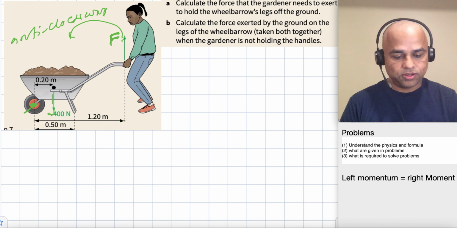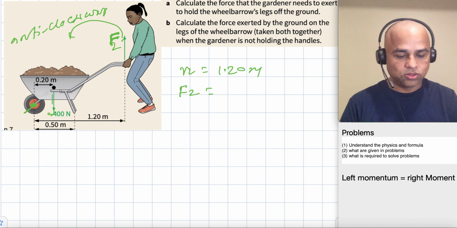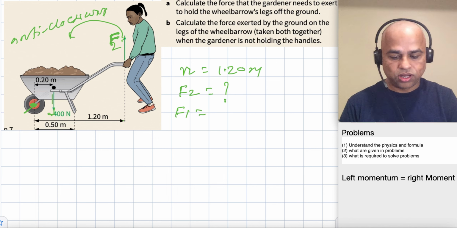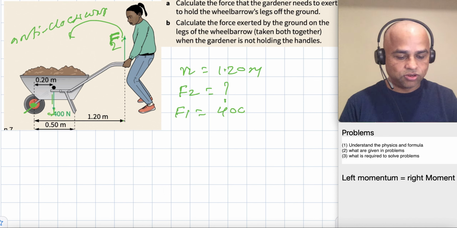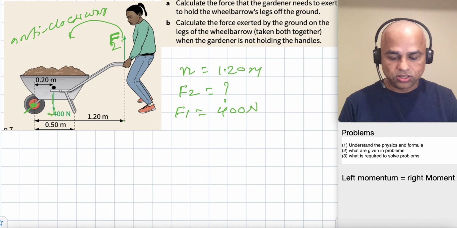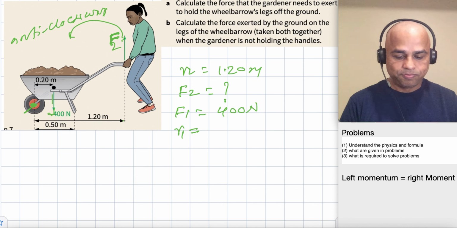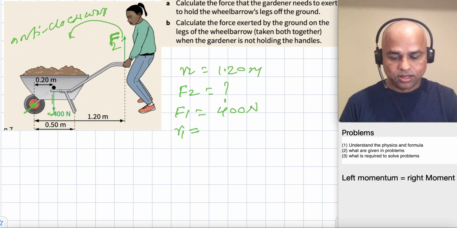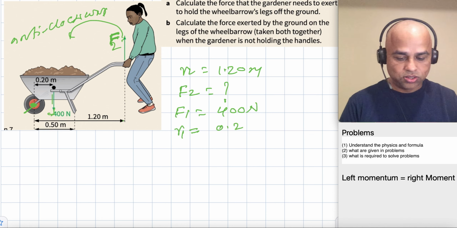So R2 equals 1.20 meter, and let's say F2 equals the unknown force, and F1 equals the weight, 400 Newton, and this distance is given here, R1 equals 0.2 meters.